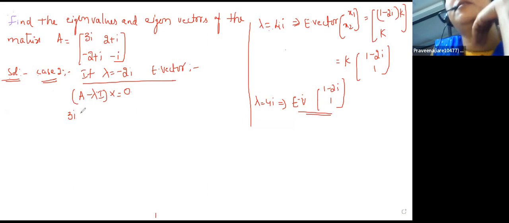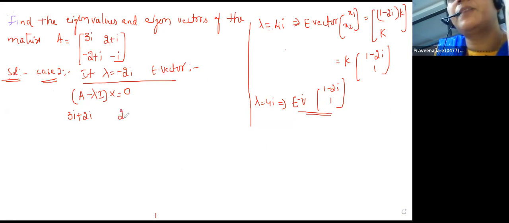Directly I am writing from the characteristic equation. What is that? 3i minus lambda. Lambda means here 2i. Already 3i minus lambda, minus into minus plus. Here 2 plus I. Minus 2 plus I, minus I minus lambda, that is plus 2i, right? Into x1, x2 is 0.